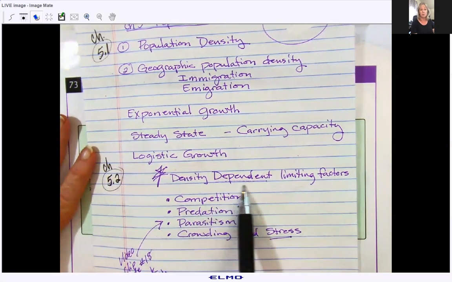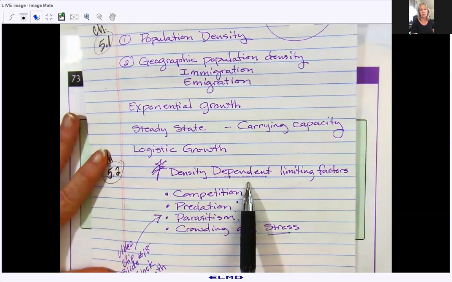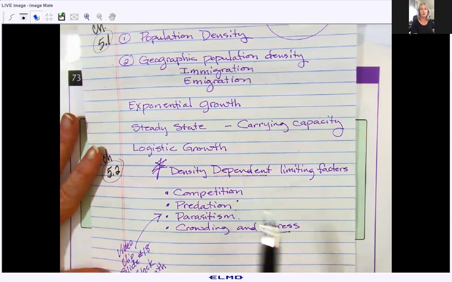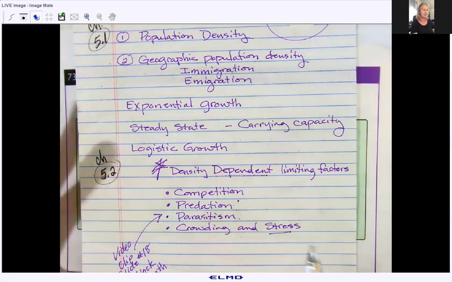When you have a large population, several things can impact a population of large numbers. Competition, because if you have a large number, it's just like when it snows or any kind of major problem, there's a run on toilet paper and milk. And so there's lots of people wanting that, then it's going to decrease the number.